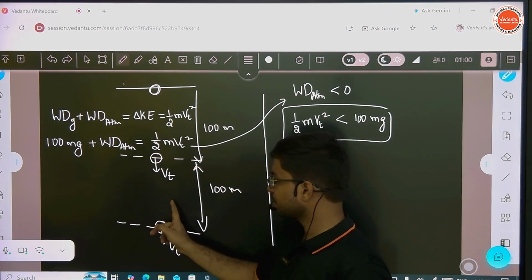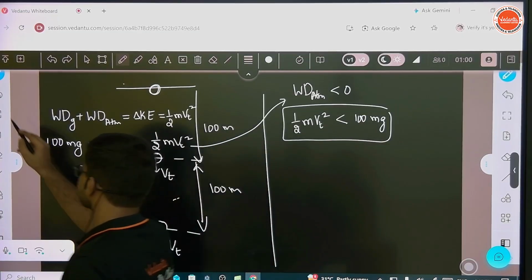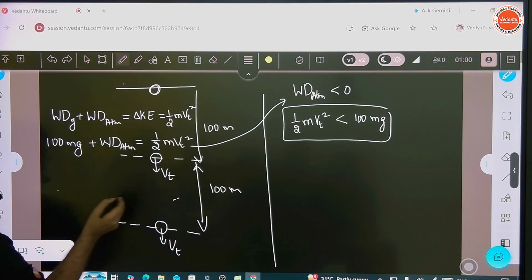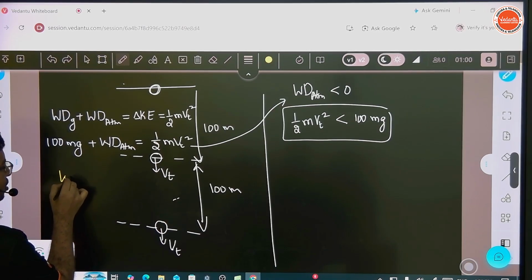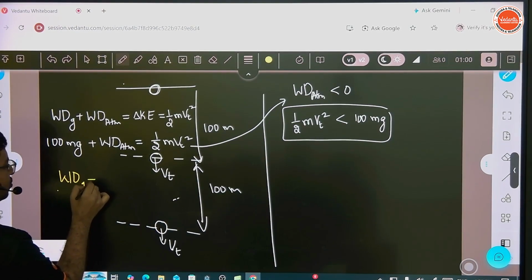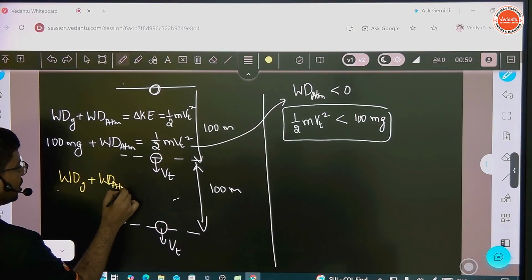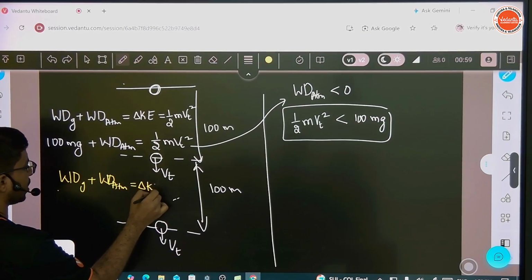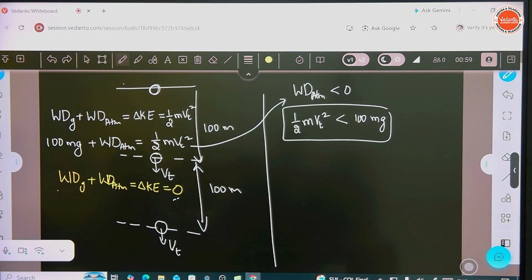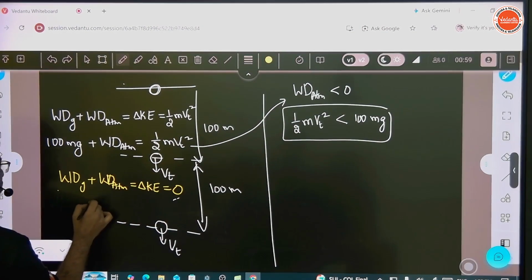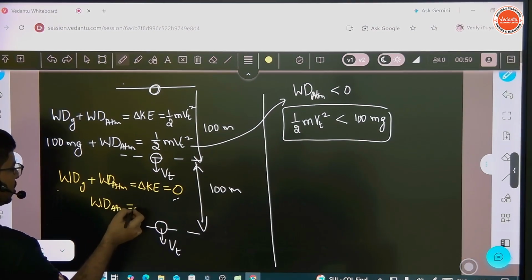Clear? Now come to the next 100 meters here. How will your equation get modified here? Again, work done by the gravitational force plus work done by the atmosphere over here is equal to change in kinetic energy, but change in kinetic energy is 0. Clear? Right? Now, what is work done by atmosphere over here?